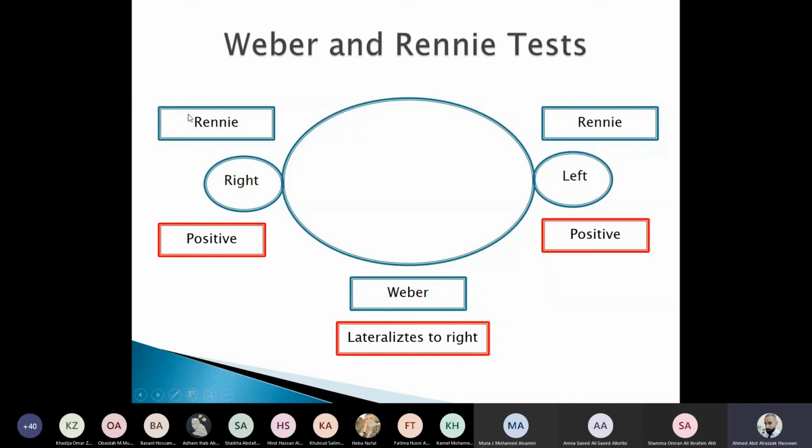But if we look at Rinne, we can find that it's positive on both sides. So on both sides, I do not have conductive hearing loss. So if we go back to Weber, either the right side has conductive, it was proven not to be the case because Rinne is positive. So we're left with the other option. So the left side has actually sensory neural hearing loss.